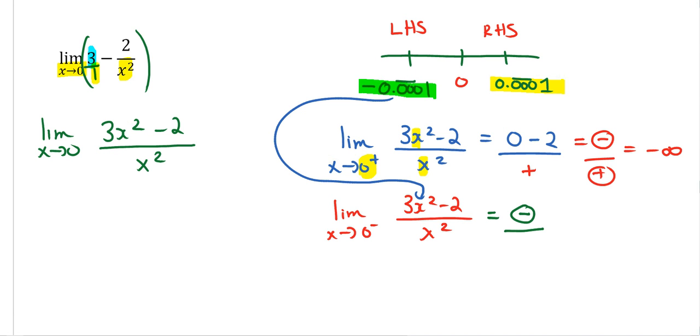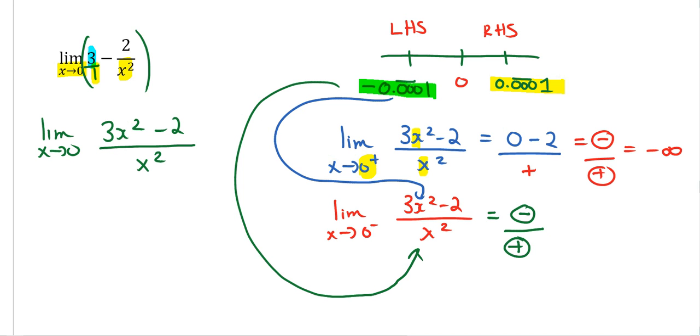And if you plug this negative number into the denominator, that'll give you a positive answer, because any negative number squared will always give you a positive number. So negative divided by a positive will give you negative infinity. You'll notice that the right-hand limit and the left-hand limit both give you negative infinity, so the final answer here is negative infinity.